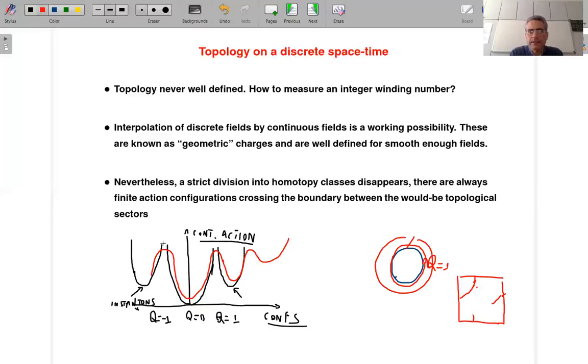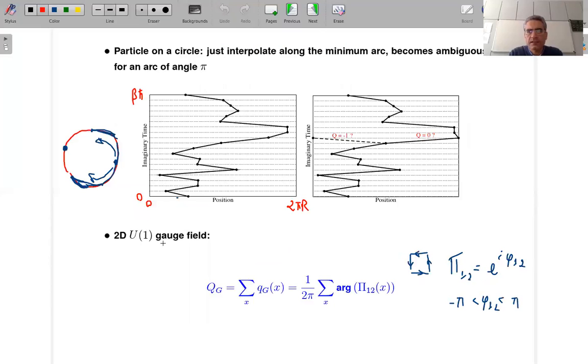Okay, if you consider now the discretized path, suppose you have the following path. These two points are exactly opposite to each other on the circle.